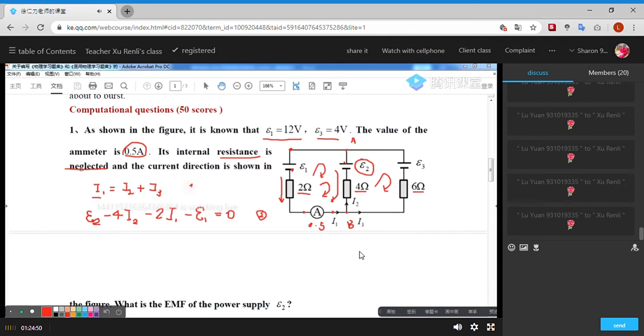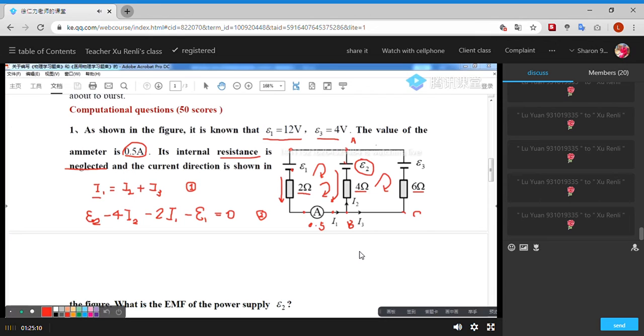And this is our first equation. The final equation is about the right loop. For the right loop, let's start from A. We can also start from another point; it's the same.